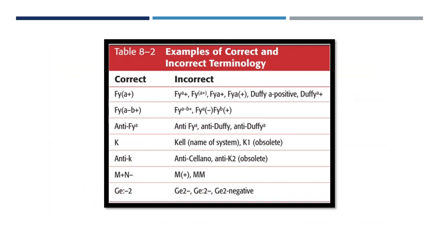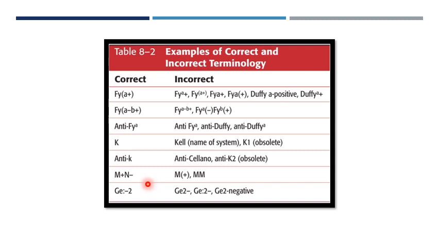This table shows examples of correct and incorrect terminology. This column is the correct way, and this column is the incorrect terminology.